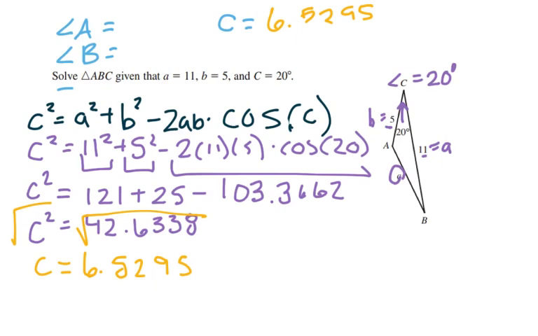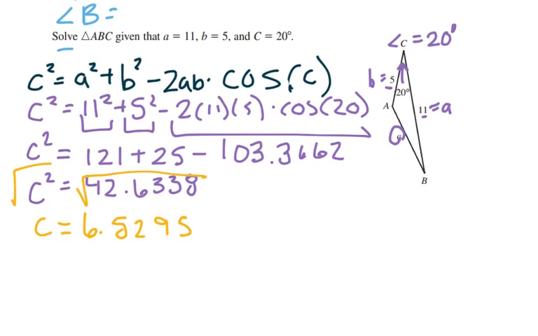Okay. And now, depending on what's going on, we can actually use the law of sines, because the law of cosines is a little bit more intense than law of sines. So I'm going to use, for instance, sine of C, which is 20, over the length of the c I just got, 6.5295.